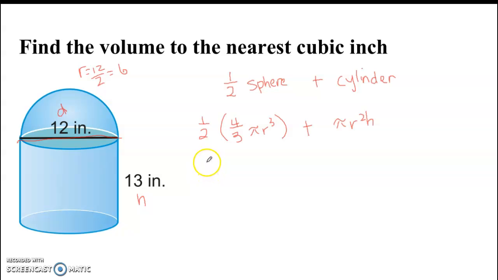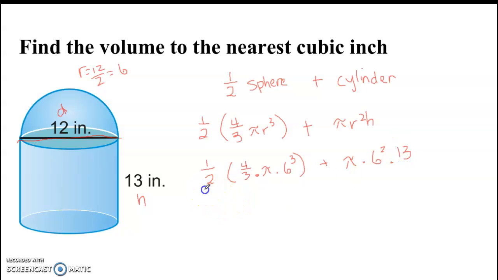Now that I have everything, I'm going to substitute: 1/2 times 4/3 times pi times 6 to the third, close parentheses, plus pi times 6 squared times 13.